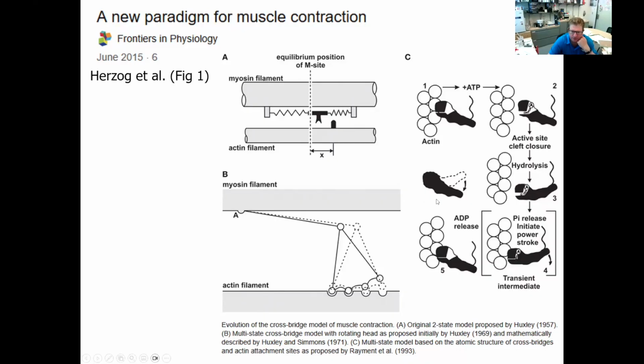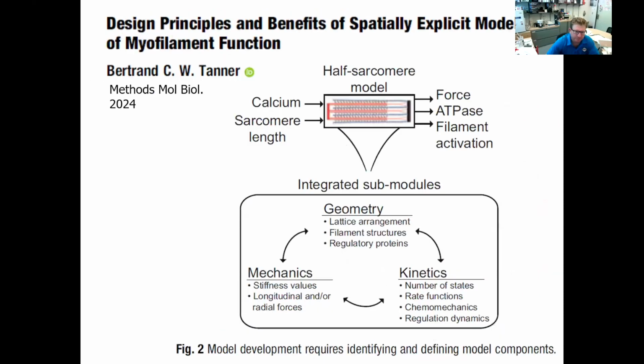And then as you detach, you get this repositioning back to where it was originally with the hydrolysis. And so some of these ideas all came together over the years for what people try to use and put mathematics to describe how muscle might work.